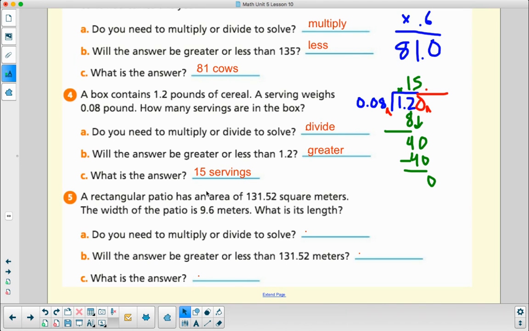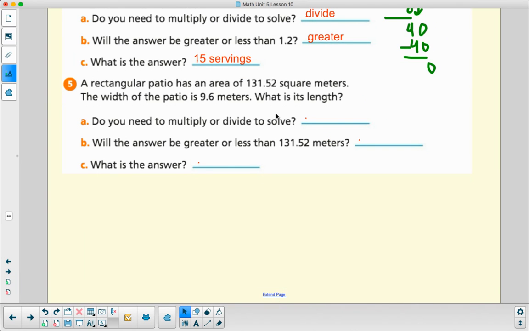Number 5, a rectangular patio has an area of 131 and 52/100 square meters, and a width of the patio is 9 6/10 meters. What is the length? So many of you know, whenever I have area of a rectangle, I'm going to draw a picture of it.